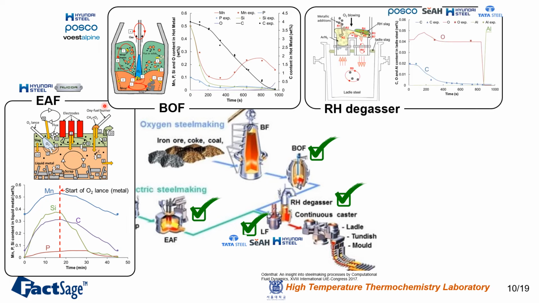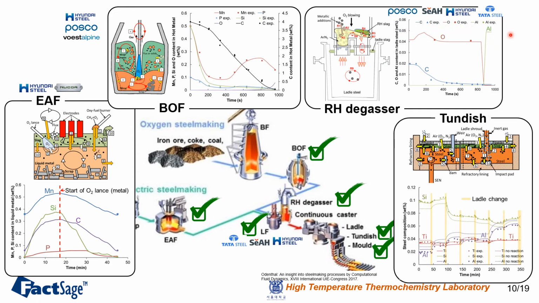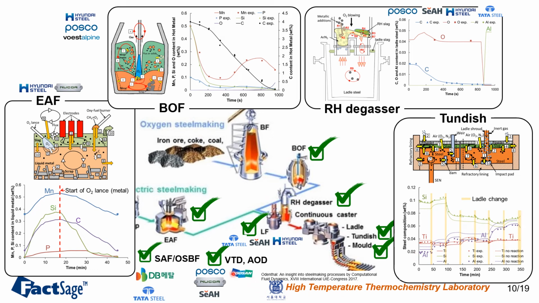We also made the RH degasser model, which was tested by POSCO, SSAB, Hyundai Steel, and Tata Steel. We also have our own tundish and mold flux model, which can be used for mold flux design. Recently, we also work on the tank degasser model and the AOD for stainless steel. And now we are moving to the next generation electric arc furnace for decarbonization in steelmaking.